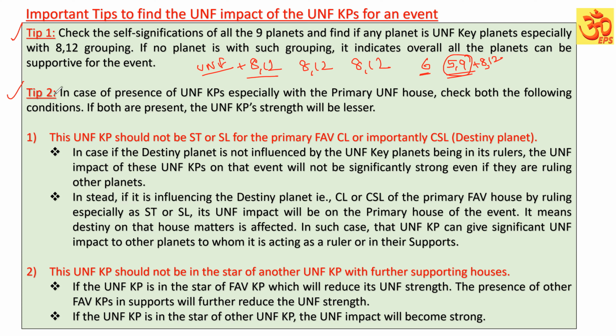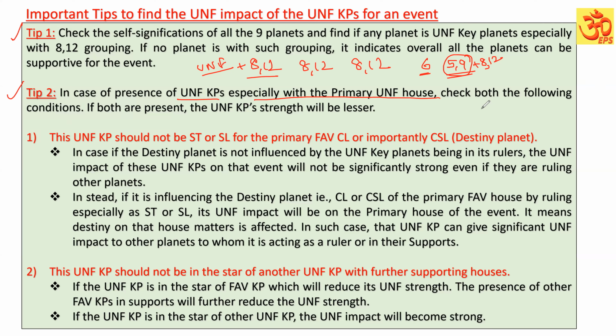Then tip 2: suppose you feel there are unfavorable key planets with the 8 and 12 houses present, especially together with the primary unfavorable house.